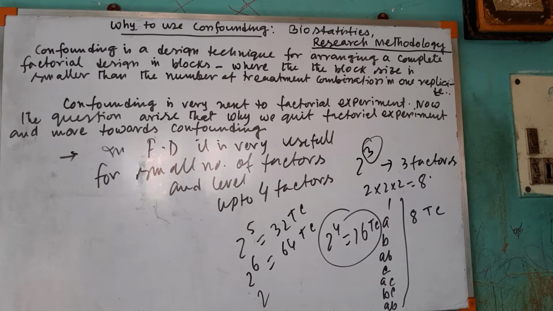In that case, factorial design will not work properly, so we go for confounding.